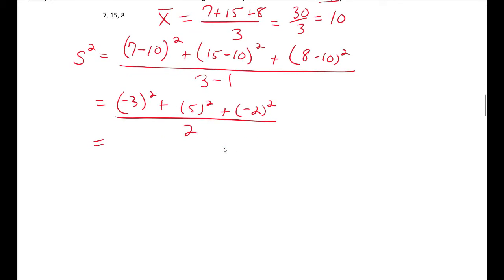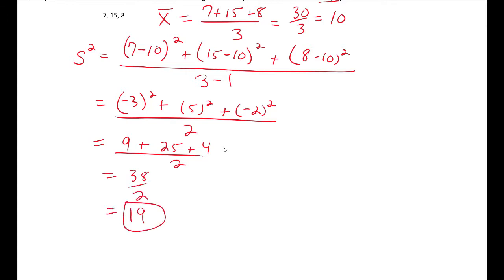So we get 9, since a negative 3 squared is positive 9, plus 5 squared is 25, plus 4, divided by 2. 9 plus 25 plus 4 gives us 38, divided by 2, which gives us 19. So that's the sample variance.